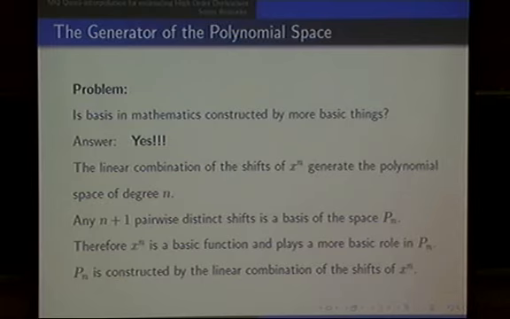Any n plus 1 pairwise distinct shifts is a basis of the polynomial space. This is an example. Therefore, this function, x power n, is a basic function and plays a more basic role in polynomial space. The polynomial space of degree n is constructed by a linear combination of the shifts of x power n.